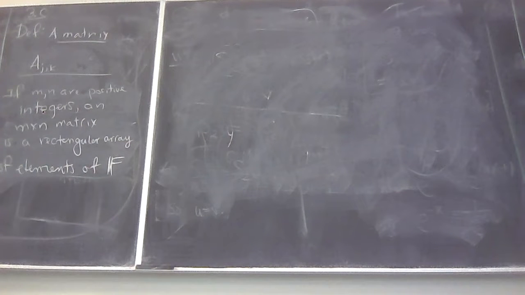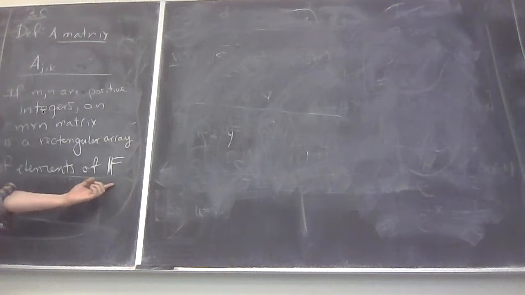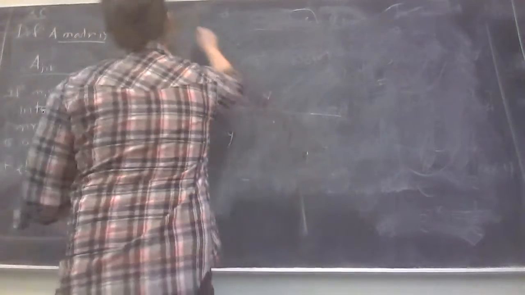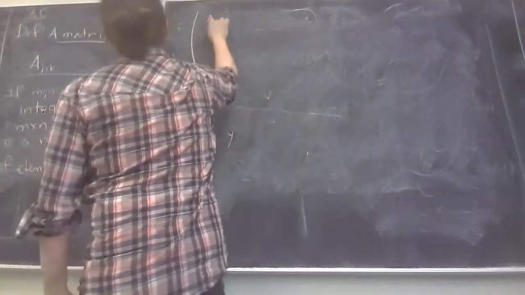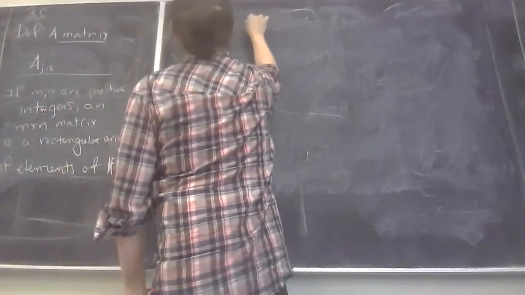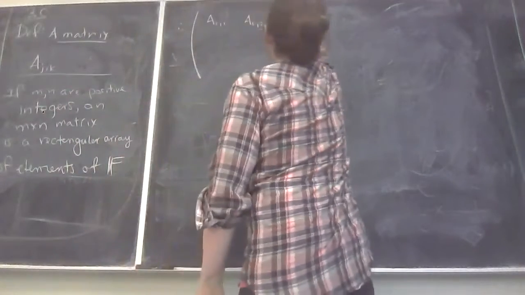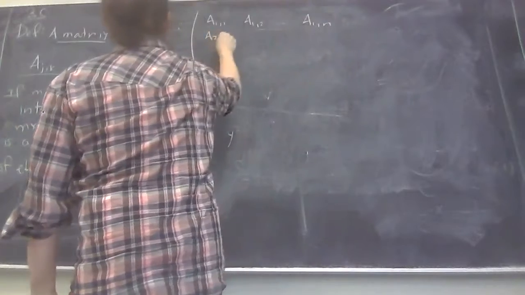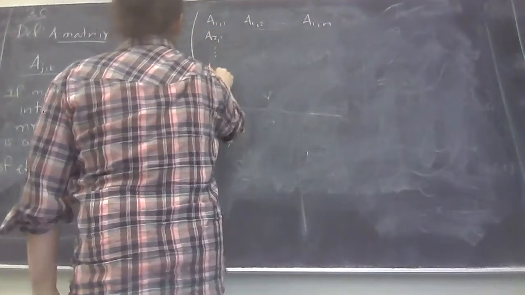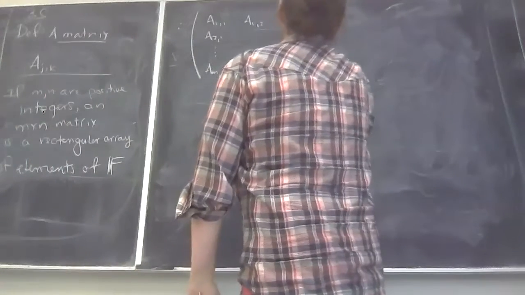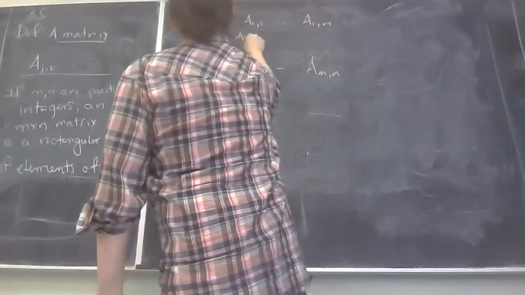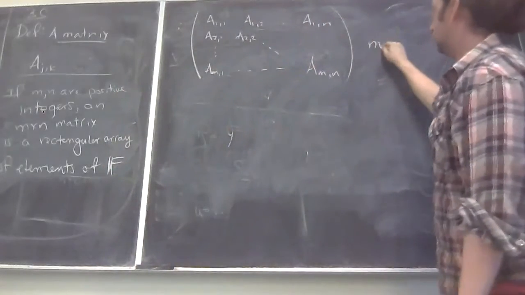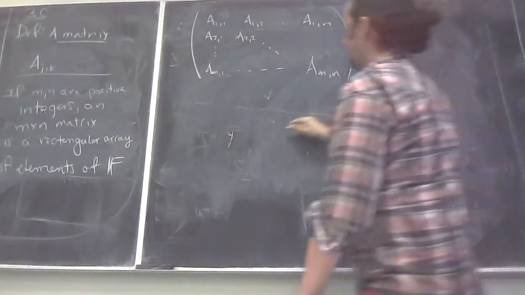A matrix is going to be defined in terms of the field elements. Okay. That's written like this: A1,1, A1,2, out to A1,N, and A2,1, down to A M,1, and then over here is A M,N. M rows, N columns.